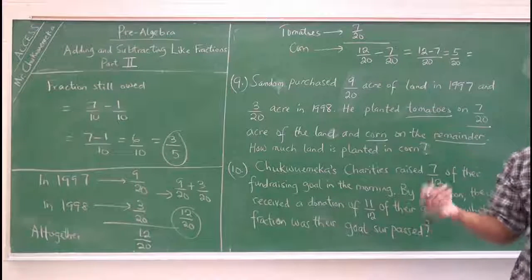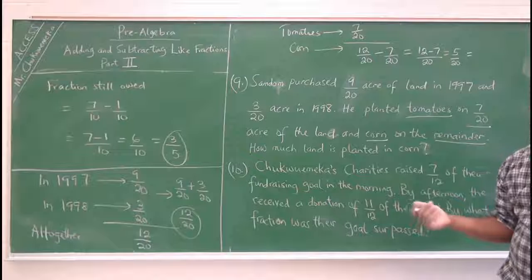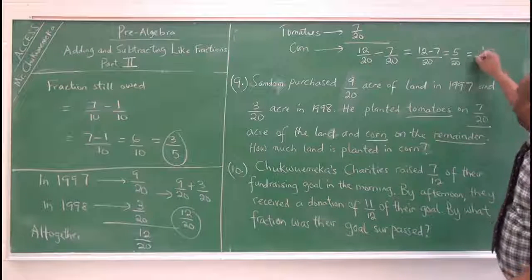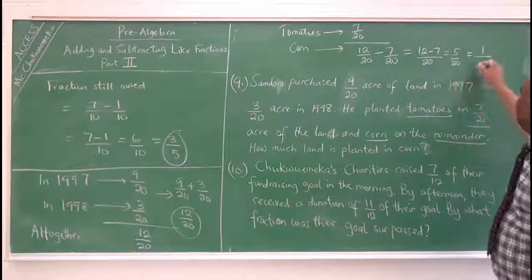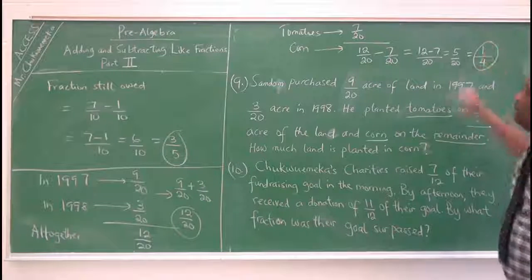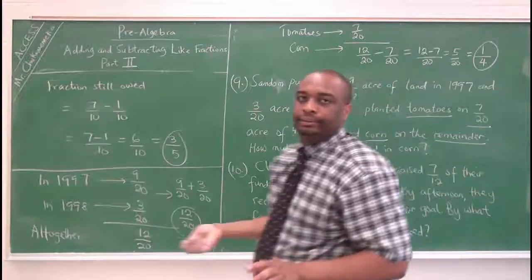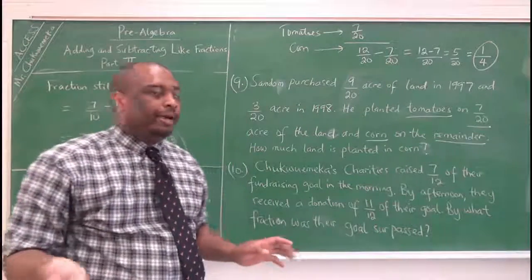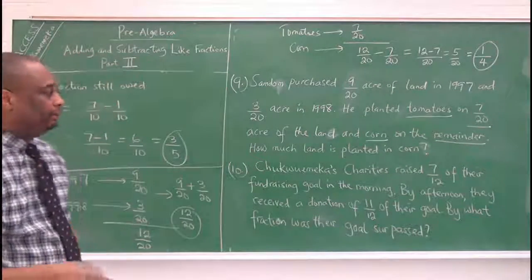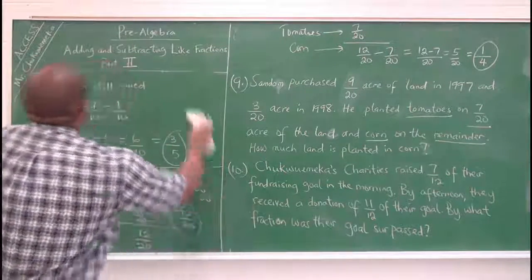What is the GCF of 5 and 20? It is 5. 5 divided by 5 is 1. 20 divided by 5 is 4. So he planted corn on 1/4 acre. All right. The last one.